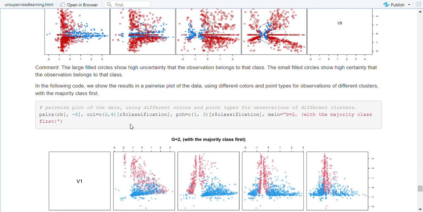Pairs of the reordered data frame with the majority class fetched, col equal c(2, 4) square bracket R at classification, pch, this is the size of the symbols, equal c(1, 3) square bracket R at classification, main equal G equal 2 with the majority class fetched.